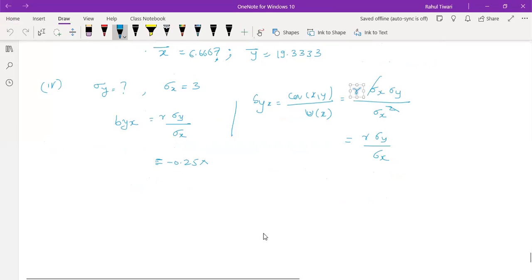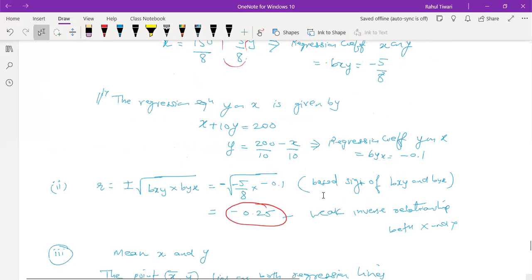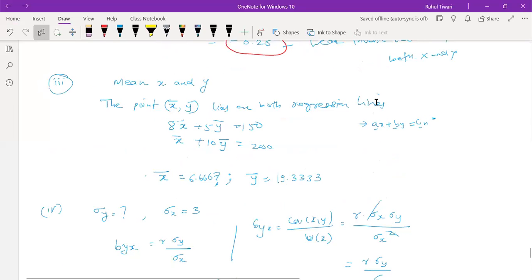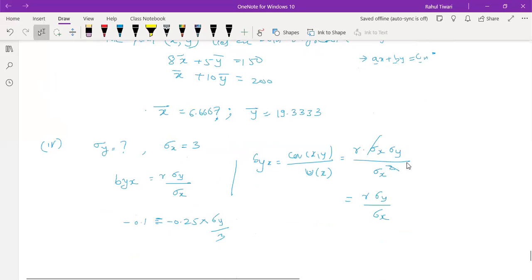And sigma y you don't know. Sigma x you know, it is 3. byx you already know, it is minus 0.1. If you simplify this, you may get sigma y become 1.2.